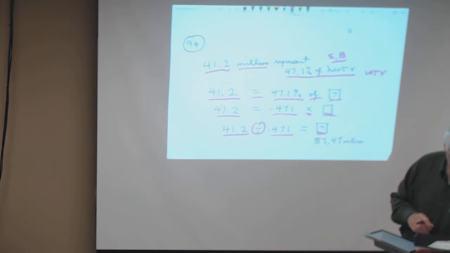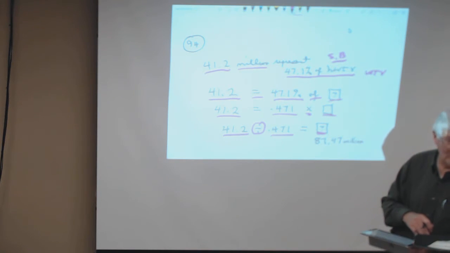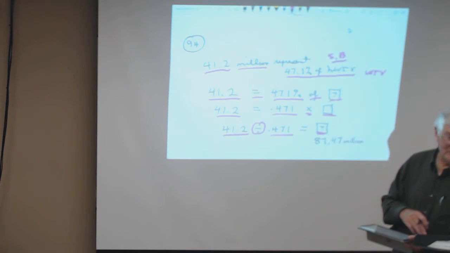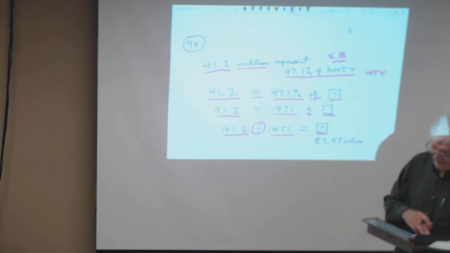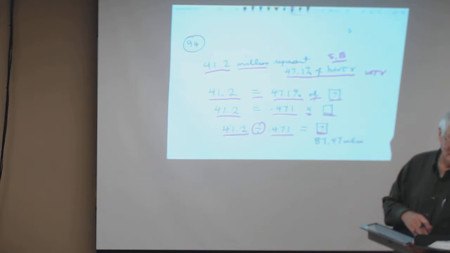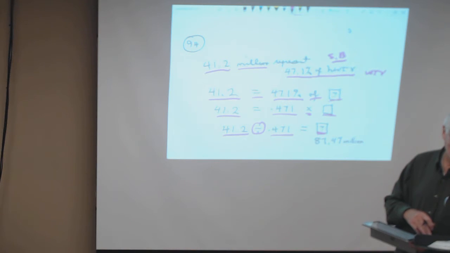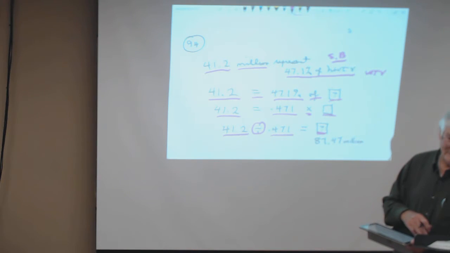Well, this book doesn't always use good numbers, because if there's 300 million people in America, there are more than 87 million people with televisions. Probably at least 200 million of them have TVs.